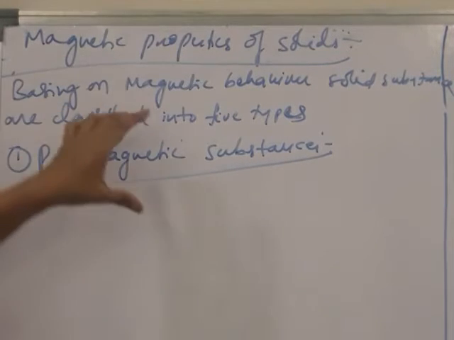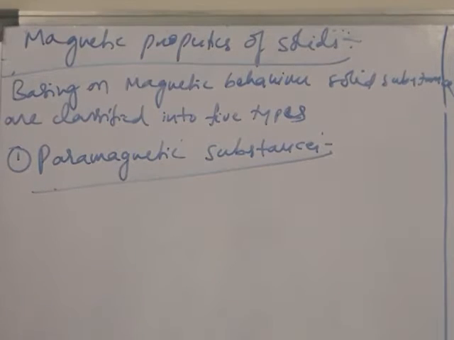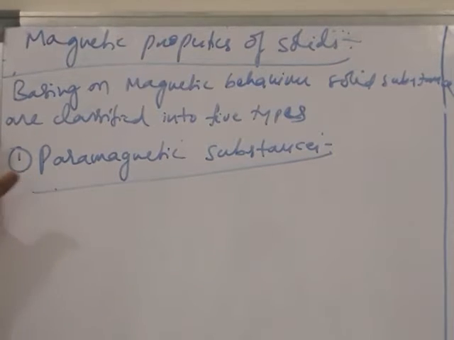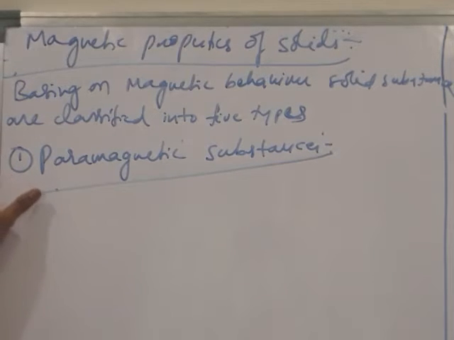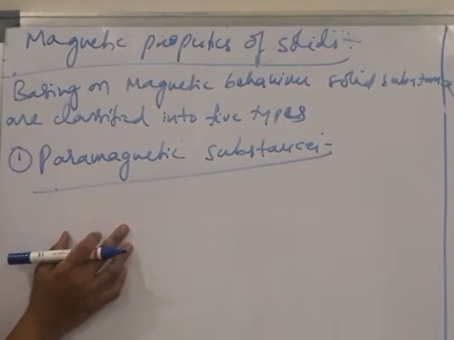This type of substances contains 1 or 2 unpaired electrons. Due to the presence of unpaired electrons, they exhibit magnetic property, which is a temporary magnetic property. Why? Because all these substances are weakly attracted by the magnetic field.